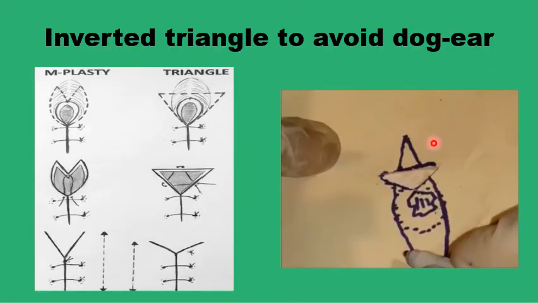Another tissue sparing technique is to avoid using the traditional elliptical design. Instead, once you have marked the lesion and its safety margin, you draw two inverted triangles, one on each side of the safety margin.